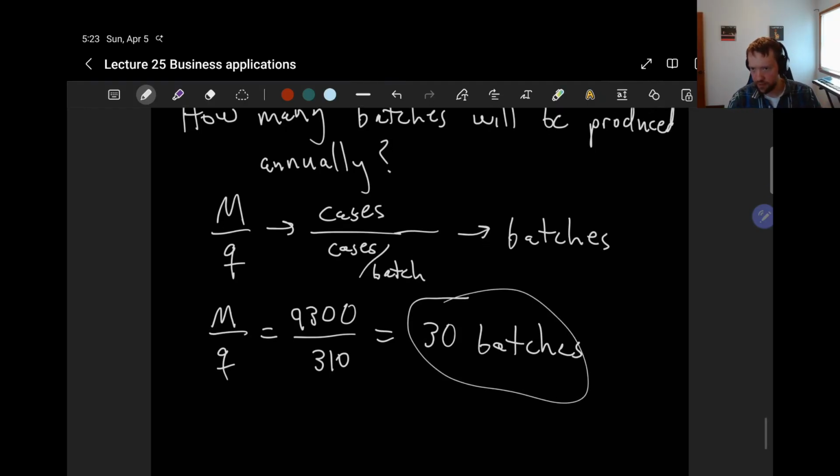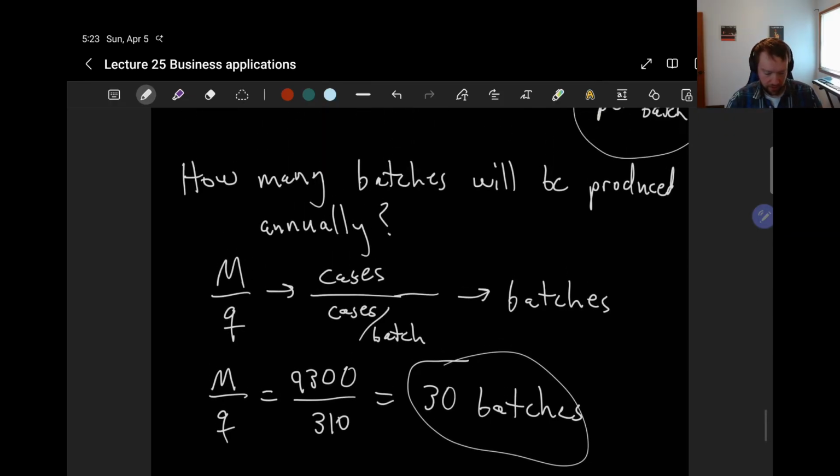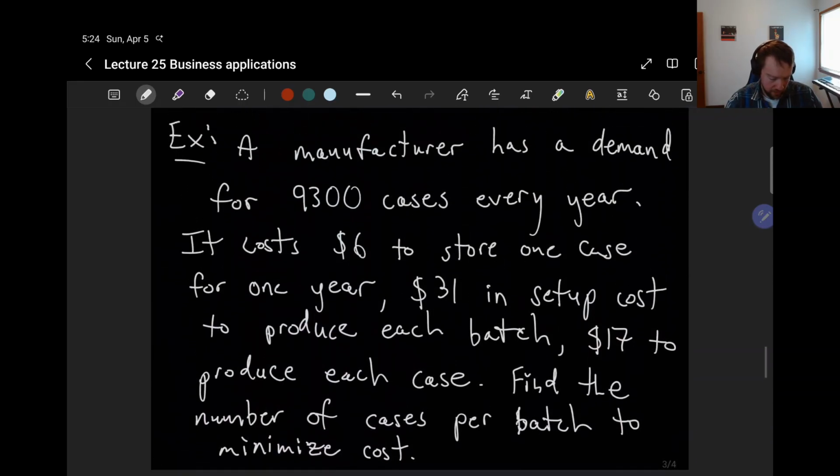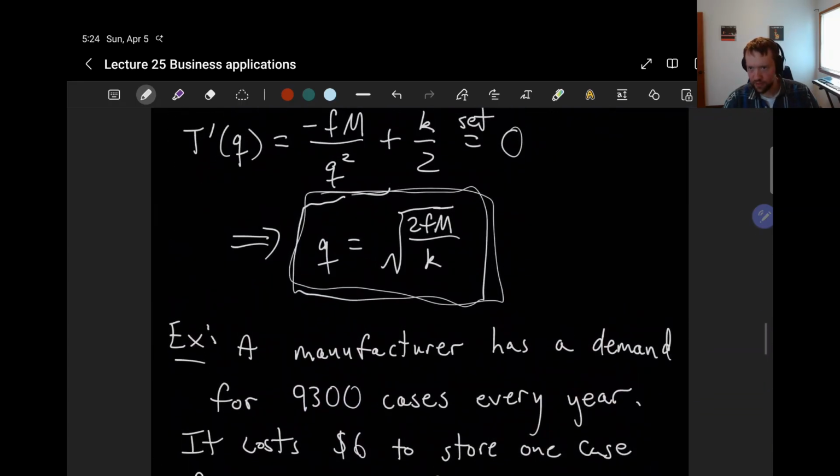Okay, before we move on, you will see a slight variation of this with something like ordering instead of manufacturing. So the example you'll see in the homework is like a restaurant ordering bottles of wine. And I'm not going to do an example here for the sake of time and because it really just shakes out in the same way. The formula is the same for finding Q. It's just that F doesn't quite mean the same thing because we're not doing the manufacturing in this case, but it's analogous.